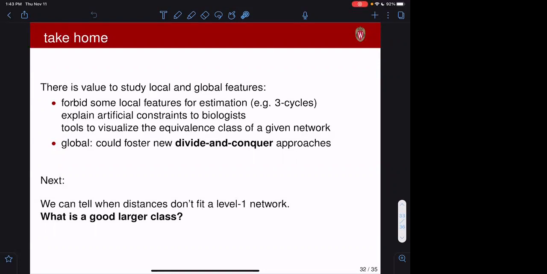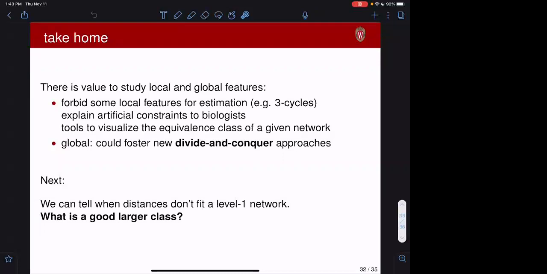They're not assumptions. And also, probably something that would help are tools to visualize the equivalence class of a given network. So tools maybe to interactively zip a reticulation up or down, or tools to interactively change the hybrid node in the 4 cycle.